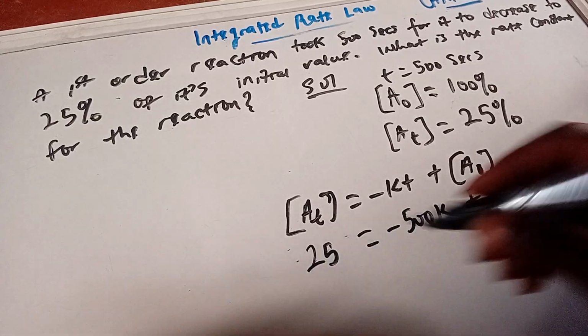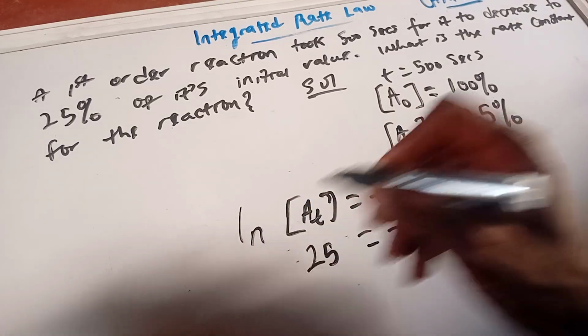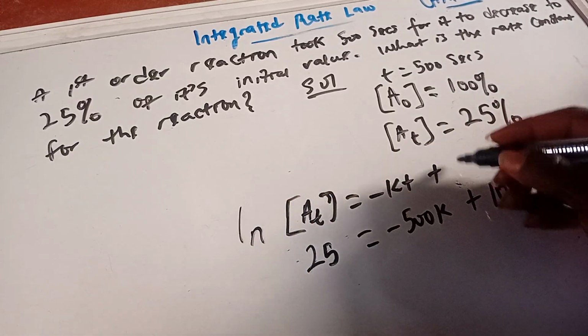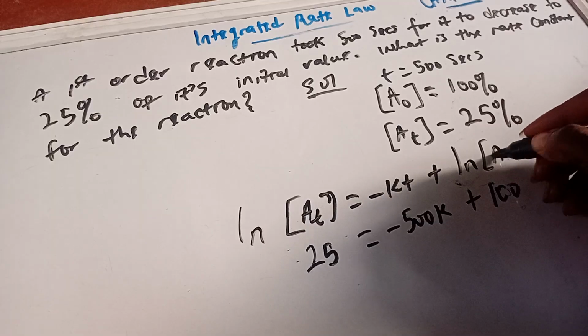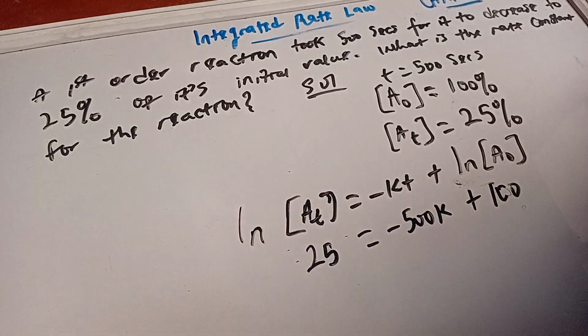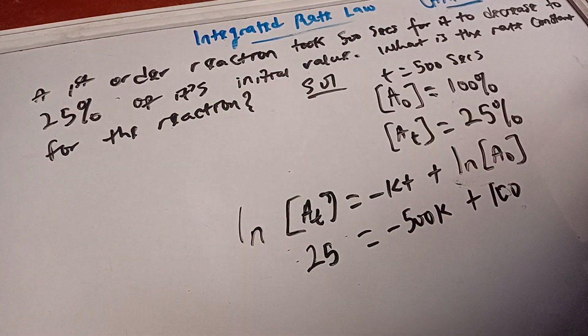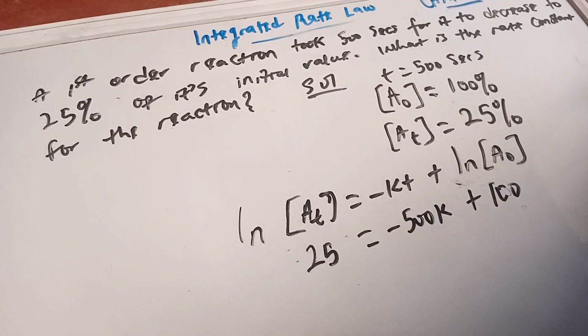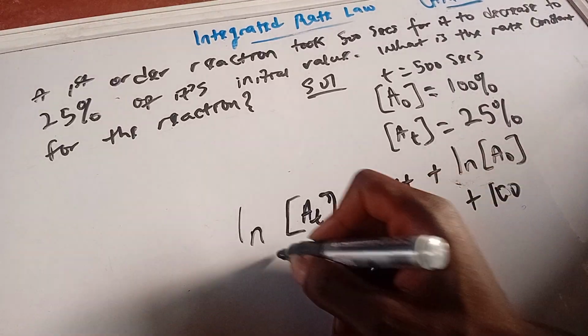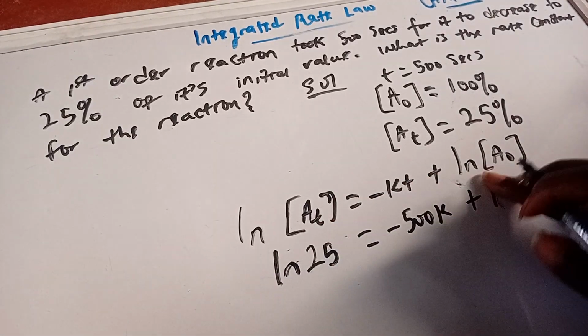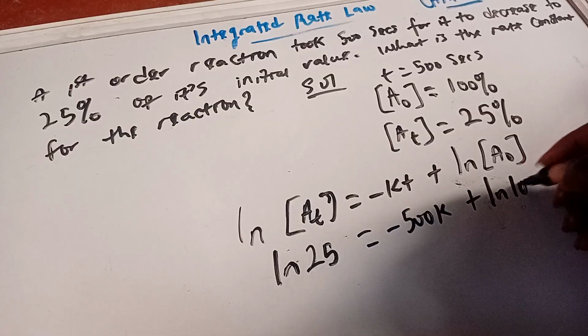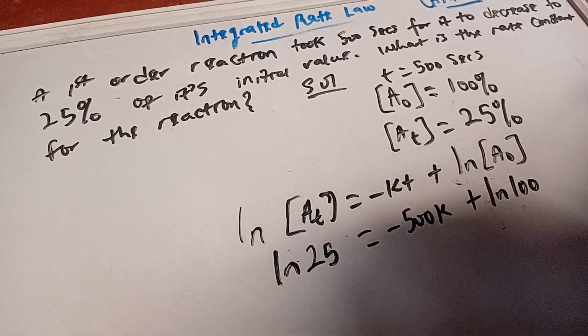Oh, we are told that it's first order, so it's ln A naught. Don't mix the formulas together. The initial formula I used is for zero order. This is first order. Please take note of that. So the first order equation is this one: ln 25, this ln 100. You have to be careful during your exam, please.